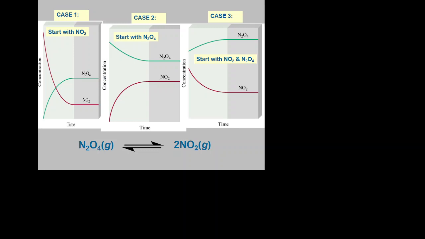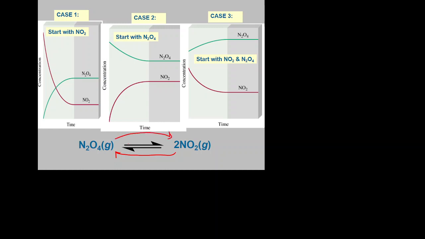Okay. So we have a few examples of graph yang you might boleh lukis. So the first is the typical one, which is yang saya tunjuk tadi itu. So we start dengan, okay. So this one, it means that dia punya forward reaction is here from NO2 ke N2O4, while dia punya reverse reaction is here lah.